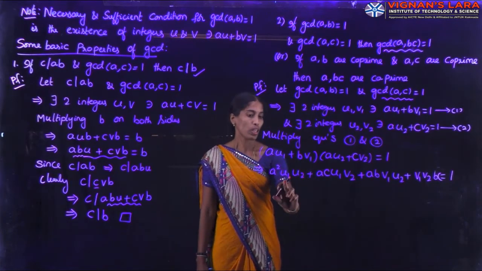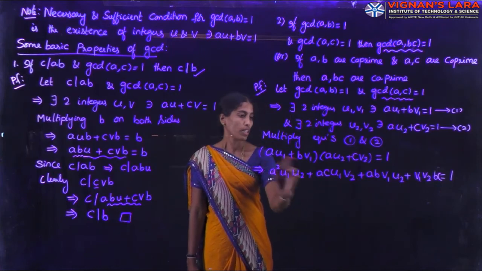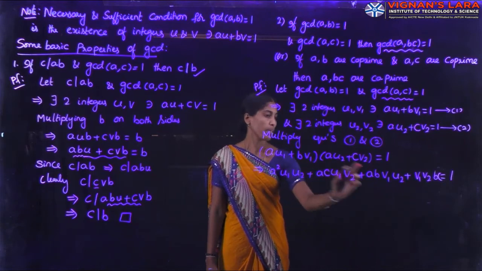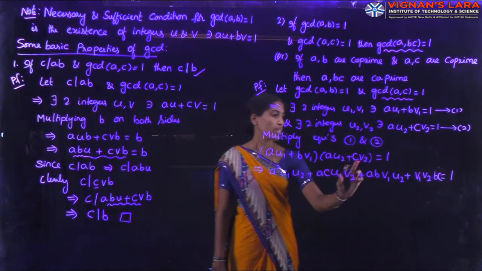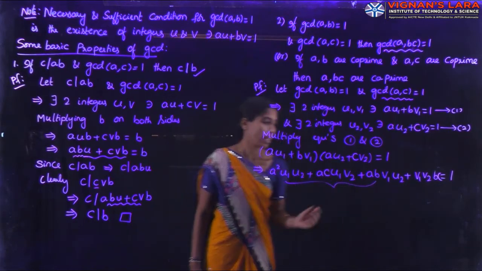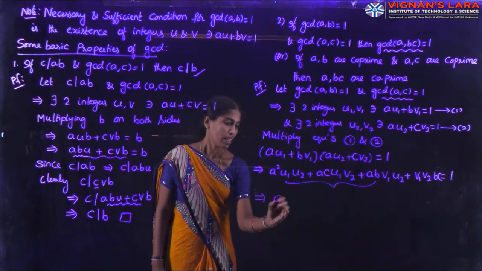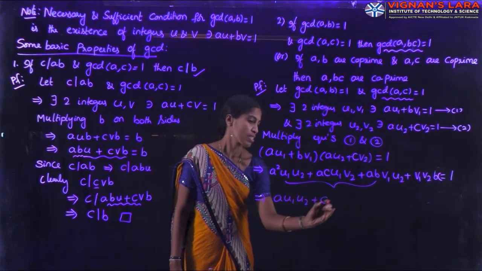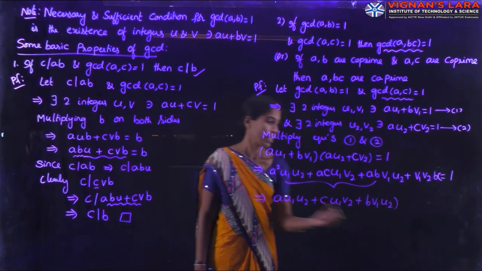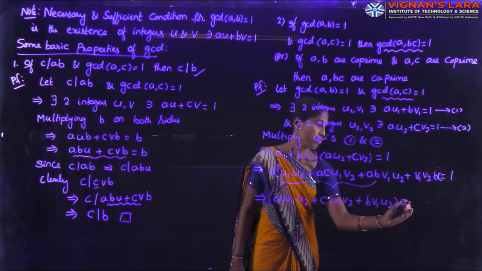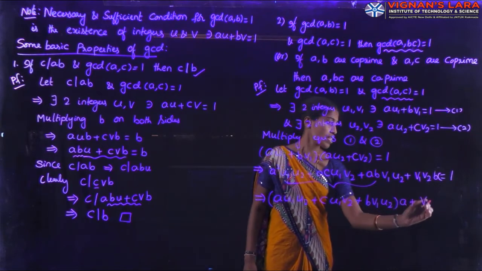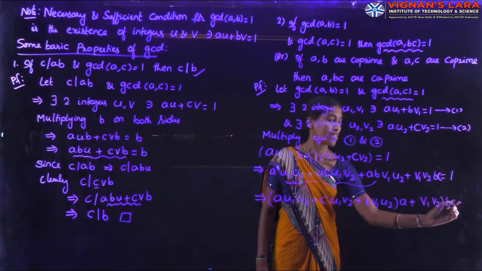Then ab into v1 u2 plus bc into v1 v2. Now, from these three terms, we can write it as a into u1 u2 plus c u1 v2 plus b v1 u2 by taking common a from the first three terms. From the last term, we can express this as v1 v2 into bc equal to 1, right?